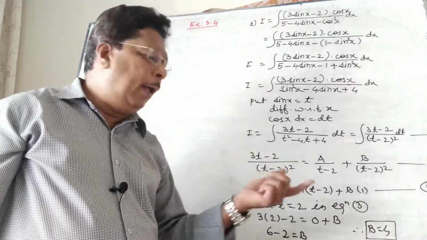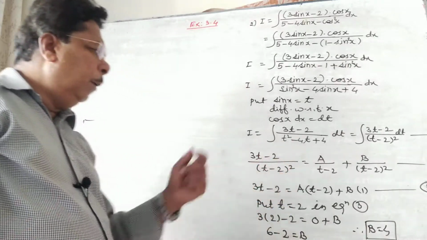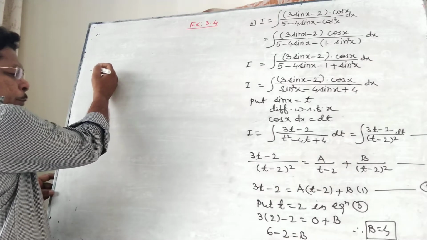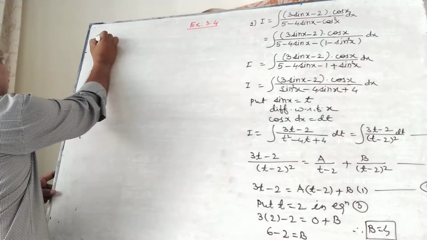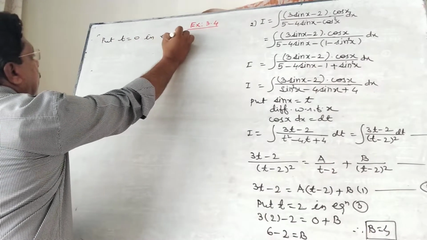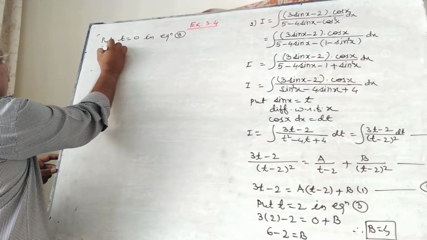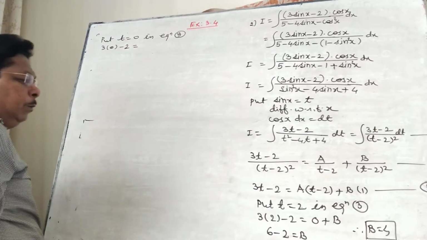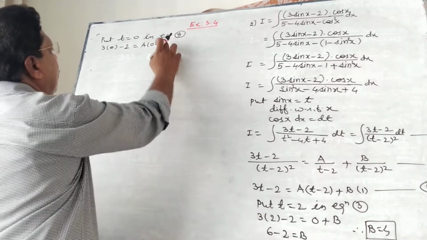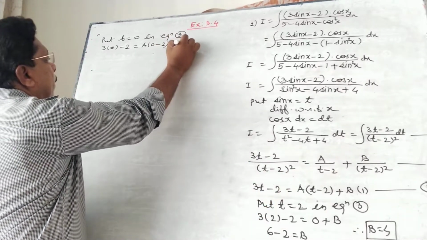Now you can take any other value other than 2. So we take the smallest value, put t equal to 0 in equation 3. Equation 3 becomes 3 into 0 minus 2 is equal to A into (0 minus 2) plus B. The value of B is 4, plus 4.